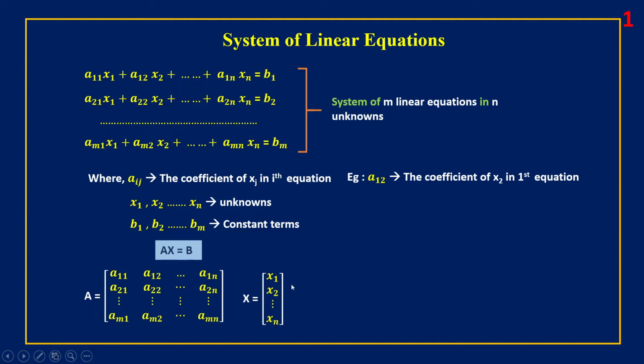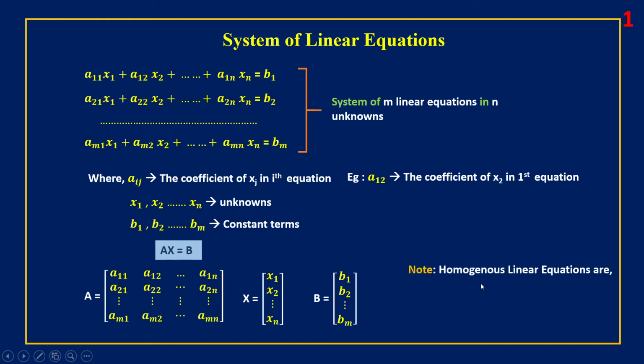The group of n unknown variables can be represented in matrix form as capital X. And capital B is a column matrix which consists of the constant terms b1, b2 up to bm, m number of constant terms. So this is the matrix form of linear equations.